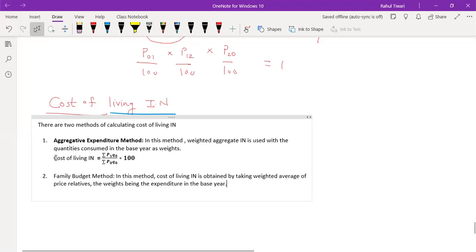And hence the cost of living index number can be obtained using weights.